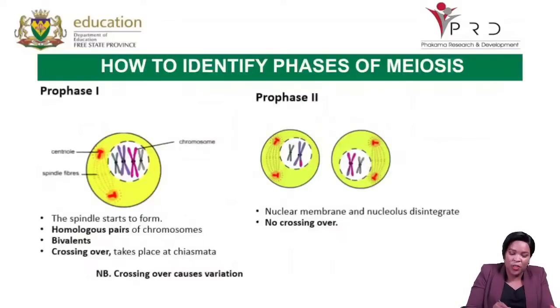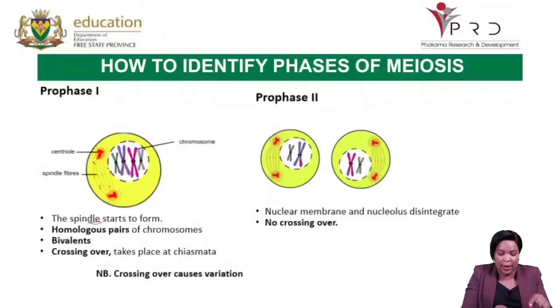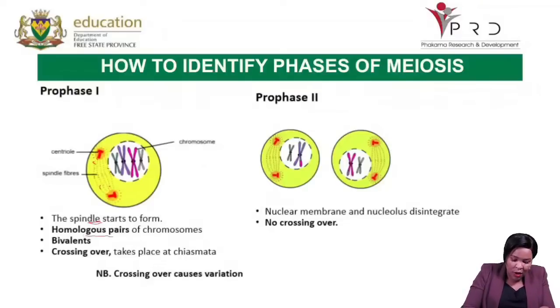If you are talking about prophase 1, number 1, you must see the spindle fibers that are starting to form. You see here on the side. You are going to need the spindle fibers at a later stage. So they start forming where? At prophase 1. So when you see them start forming, you must just remember this must be prophase 1 because it happens at prophase 1. Then homologous pairs of chromosomes are visible.